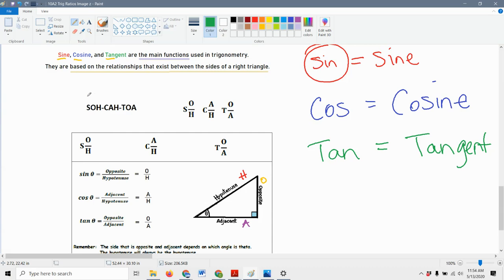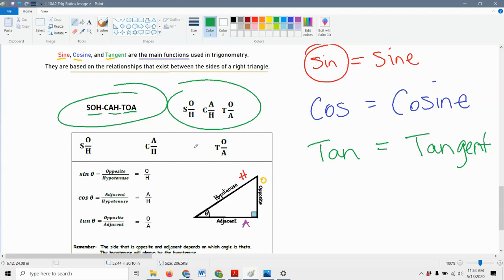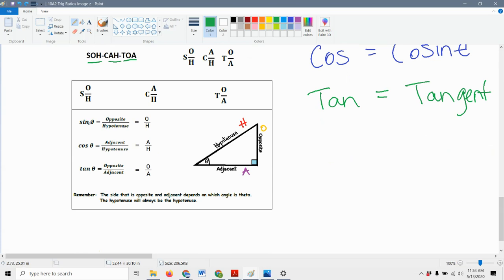Now, we have a little trick to remember the relationships of these functions with the sides of the right triangle, and we just say this: Sohcahtoa. Sometimes you'll see it written like this. I like it when it's written like this, and this is why. When we talk about the sine, we're talking about the sine of a specific angle. In this case, we're talking about the sine of theta. It's with respect to this specific angle.